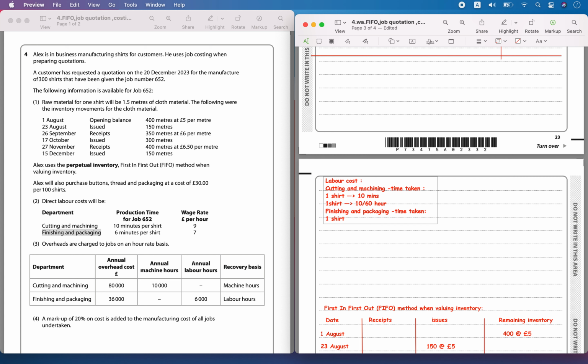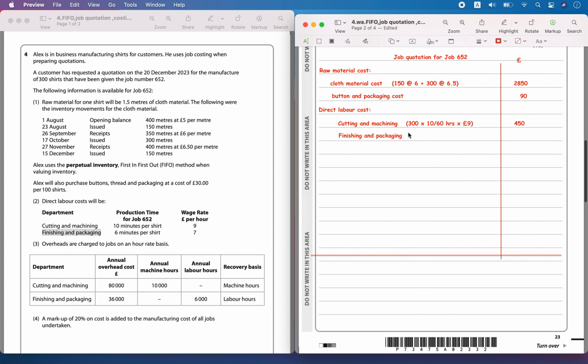Here for one shirt they are taking 6 minutes, so in 1 hour, let's calculate, it is 6 by 60 hour. The time taken is 6 by 60 hour.